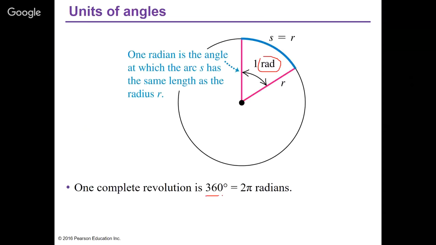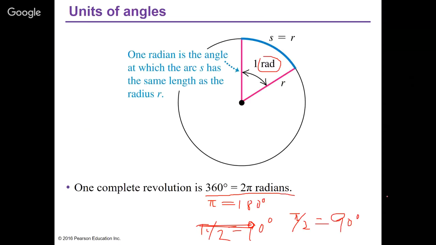So 360 degrees is 2 pi radians, pi will be equal to 180 degrees, and pi divided by 2 will be 90 degrees. This is how we convert between radians and degrees, the old definition.